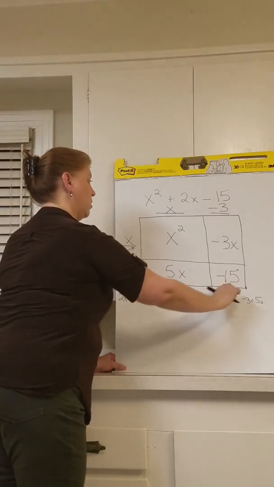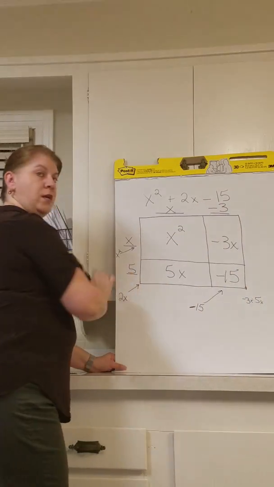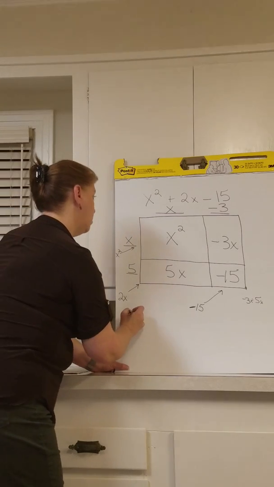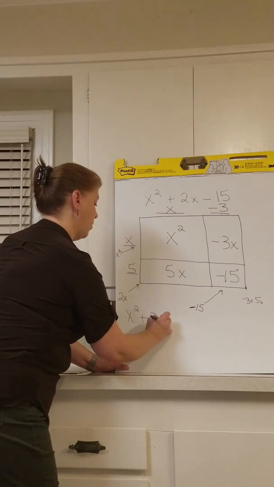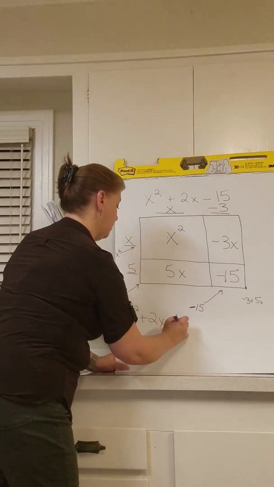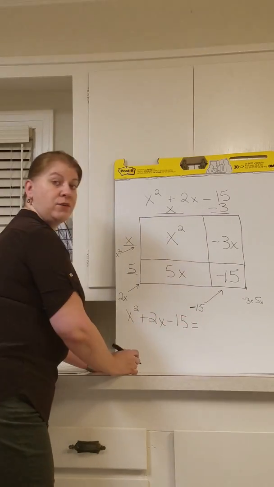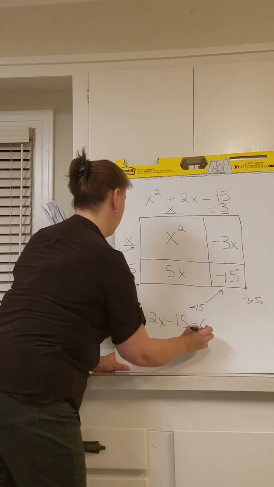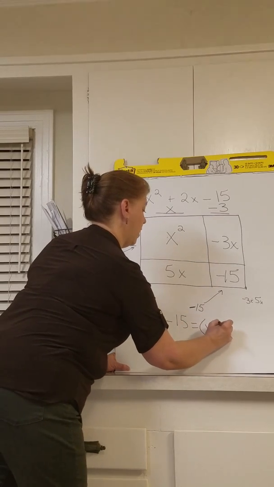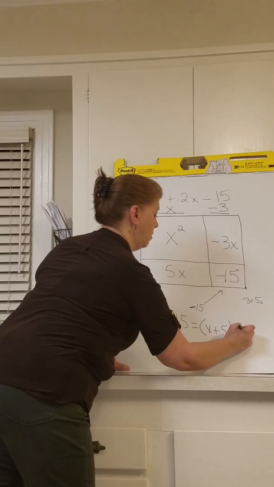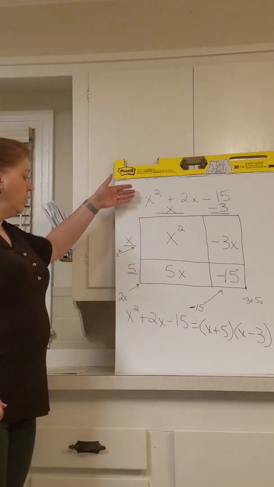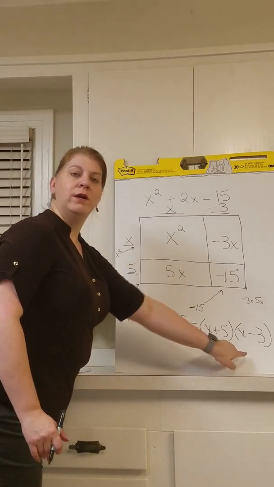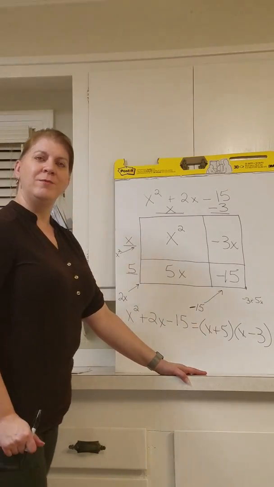Oops, I got all my numbers in here, so we have our factored form here. So we have x squared plus 2x minus 15 equals my factored form of x plus 5 times x minus 3. And we have taken our trinomial and factored it into our two binomials. And we're done. Thank you.